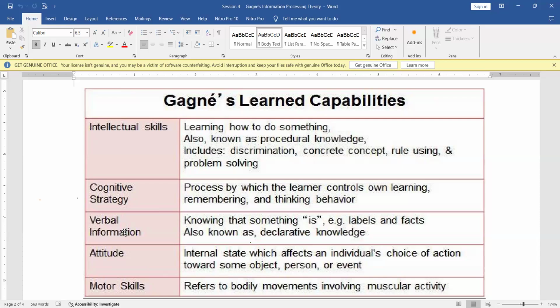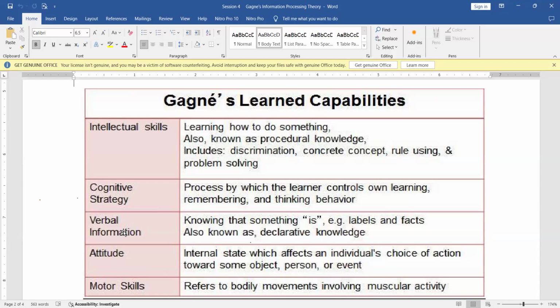Now you teach them simple present tense. Right? They can tell simple present tense is used to talk about regular activities. It's verbal information. In simple present tense, we use the S form and the base form of the verb. But intellectual skills is the students actually use simple present tense to talk about their daily activities.